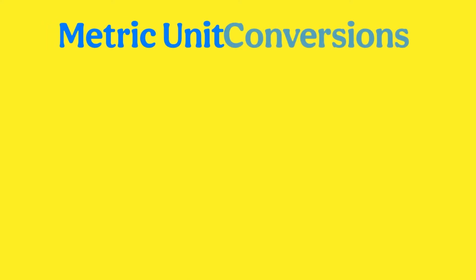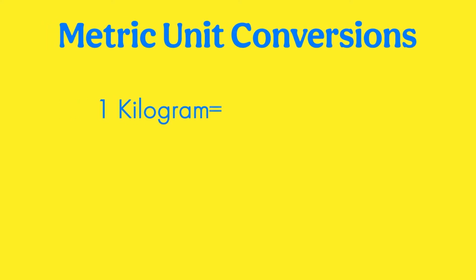Okay, and then the last topic we're going to talk about is metric unit conversions. People always struggle with this because we're just really not very good at the metric system here in the United States. But it's easy once you get the hang of it because it's all the same. If you have 1 kilogram, how many grams is that?